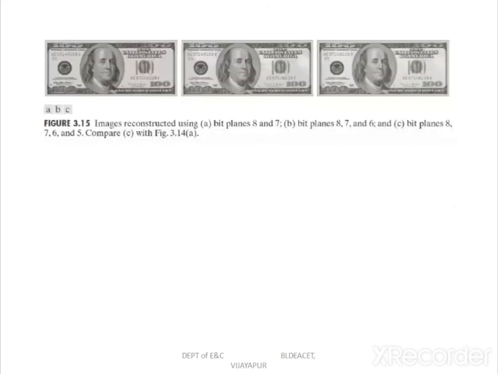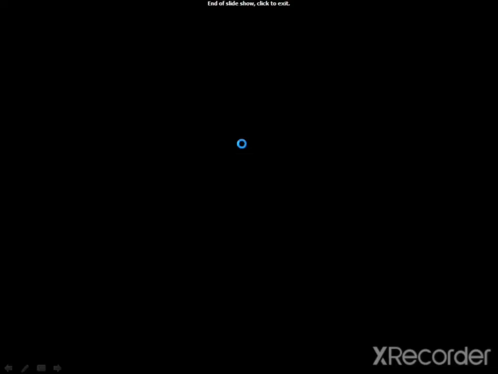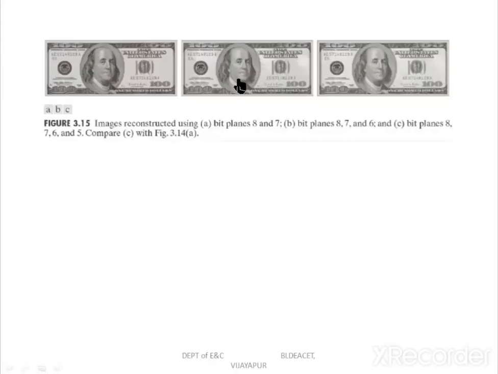Here we have an example. If you observe this example, this image is formed by considering bits 6, 7 and 8. The middle image is formed by considering bit numbers 6, 7, 8. And the first image is obtained by considering only bit numbers 7 and 8.